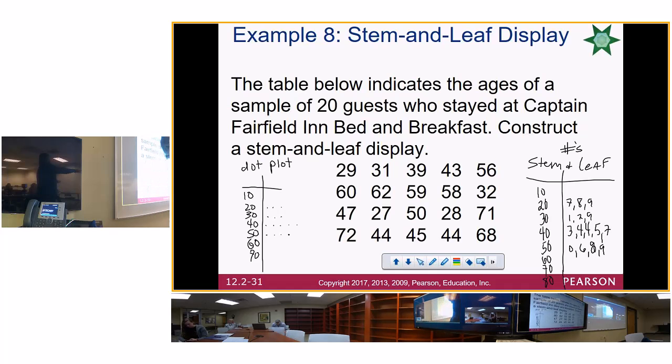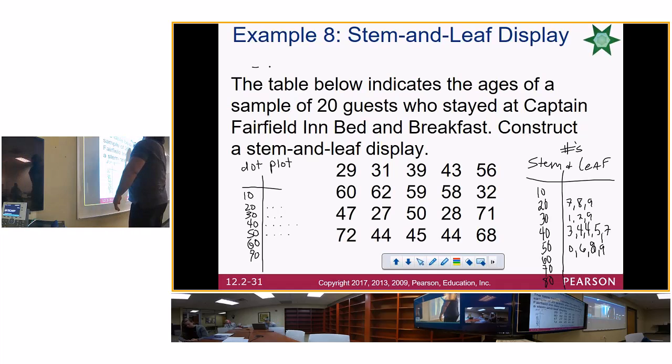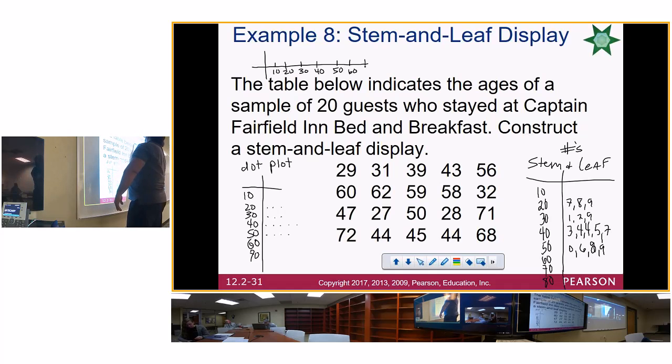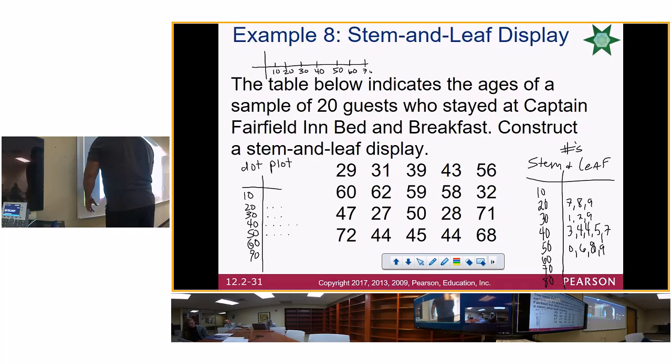You can turn them sideways if you want to. Here's a sideways dot plot. One, two, three. 1, 2, 3. 1, 2, 3, 4, 5.